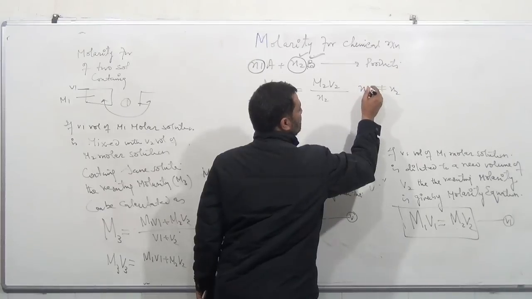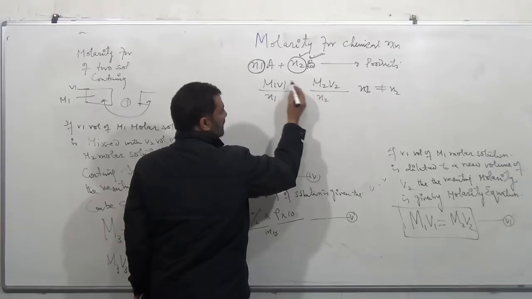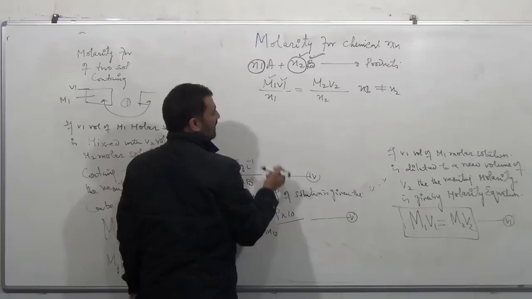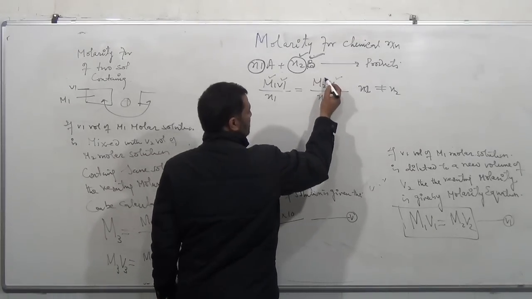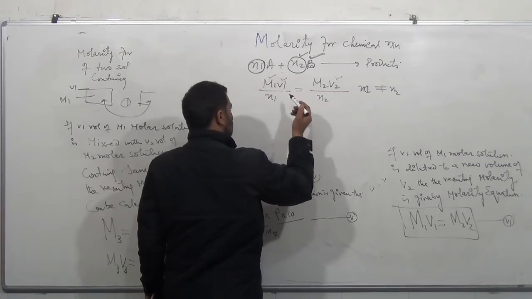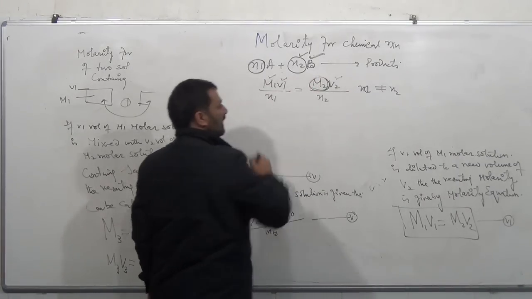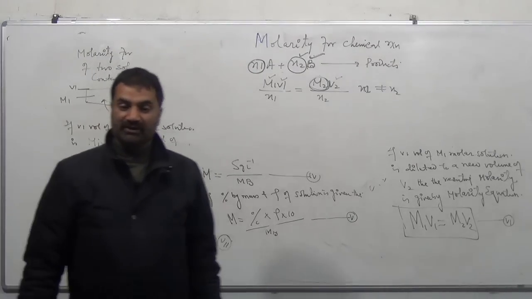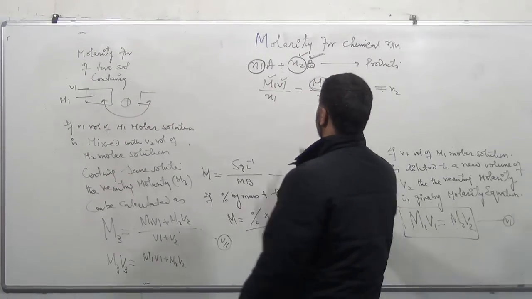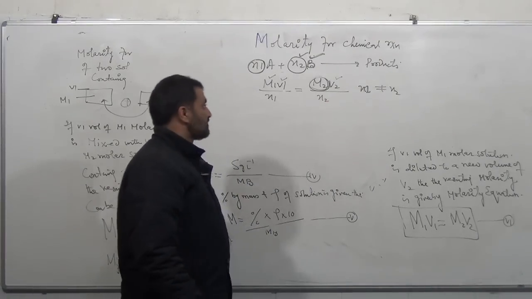If the molarity and volume of A and the volume of B are given, and the stoichiometric coefficients can be seen from the chemical reaction, then the molarity M2 can very easily be calculated. So this is the molarity for the chemical reaction: M1V1/N1 is equal to M2V2/N2.